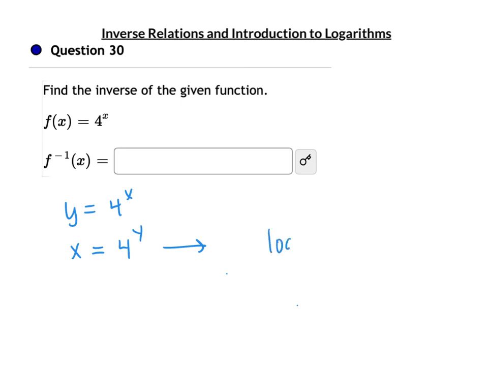This is the log. The base is 4. The log is an exponent, so it's equal to y. The log base 4 of x then equals y, which means f inverse of x, this is y, is equal to the log base 4 of x.